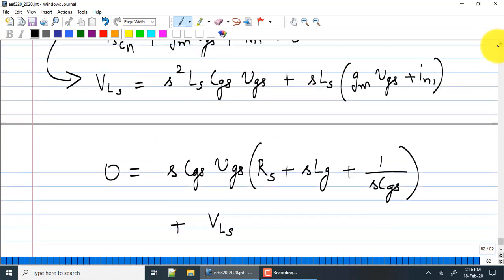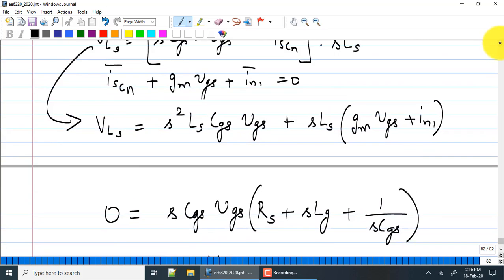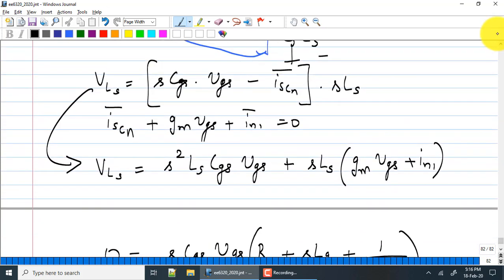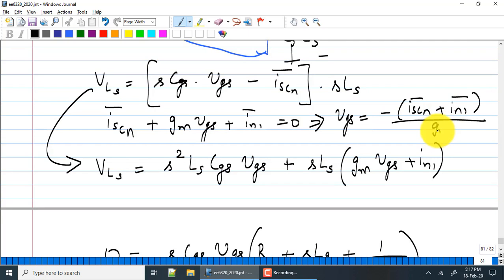Okay, so let us see what we want. We finally want ISCN. So actually instead of rewriting this way, it is probably better for us to write VGS in terms of ISCN and IN1. Right, so we should have written it in a different way. So VGS is basically minus of ISCN plus IN1 by GM.